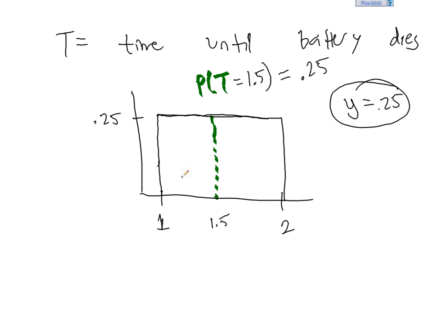However, if this is a continuous function between here and here, then that means every single value would have a probability of 0.25. And if there are infinitely many values between 1 and 2, in other words, it could fail at any time, well, by the time you look at 4 of these probabilities, they already add up to 1. So this axis actually can't be probability because this is continuous.